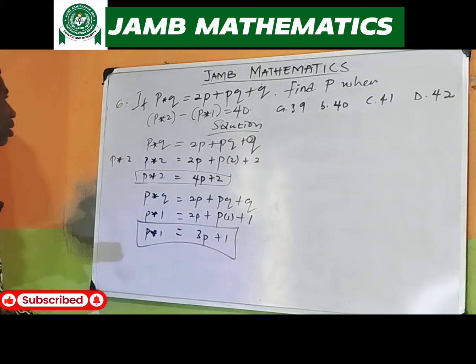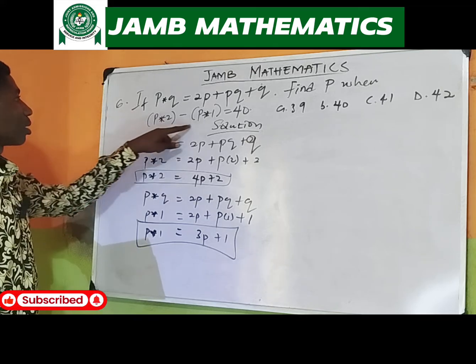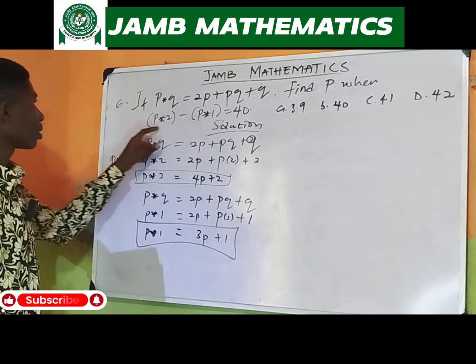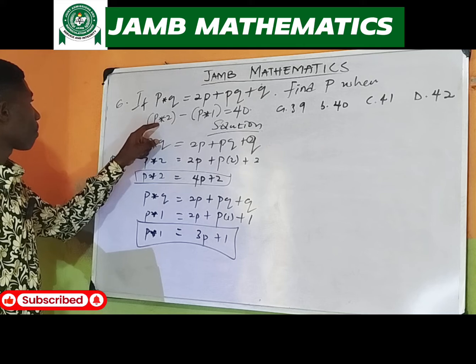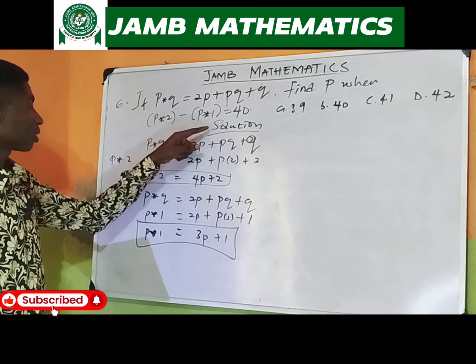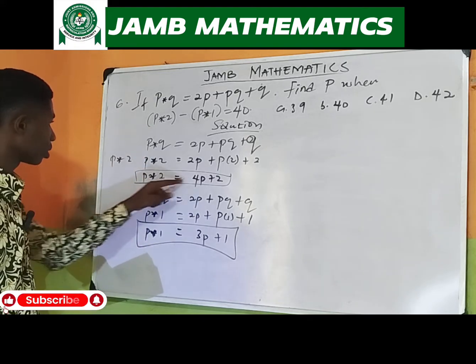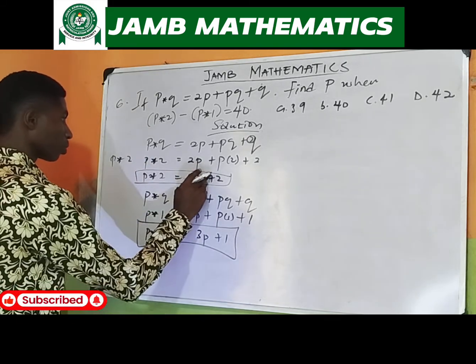Now the question states: find P when P star 2 minus P star 1 is equal to 40. P star 2 is equal to 4P plus 2.